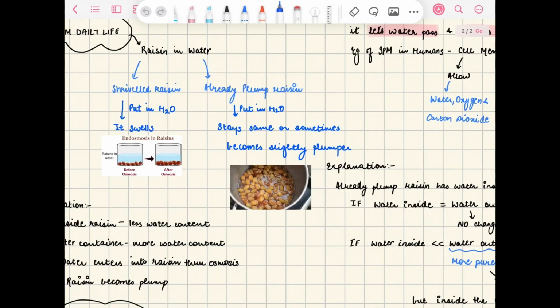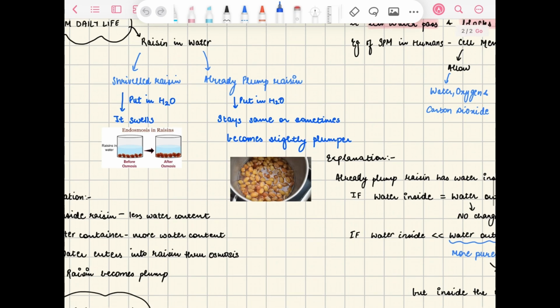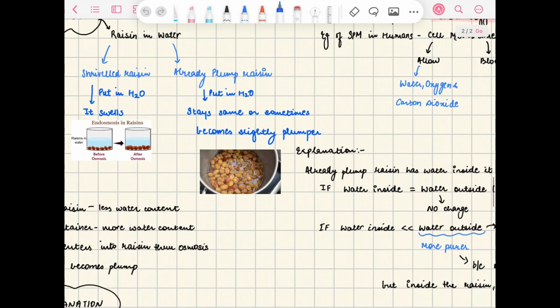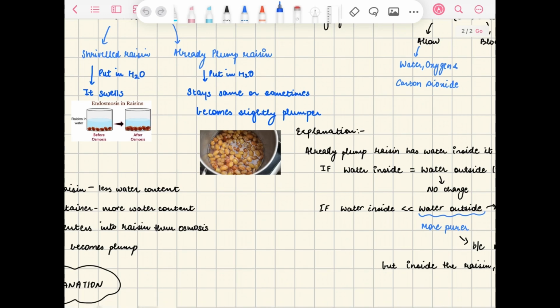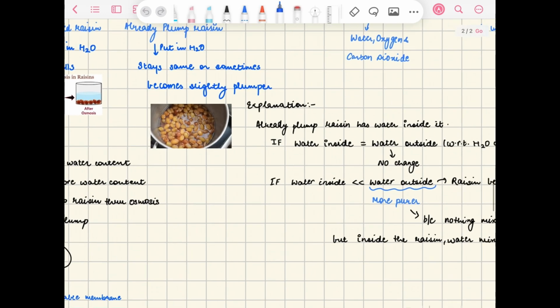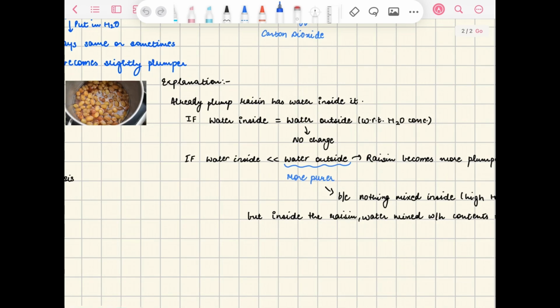But what happens if we have an already plump raisin? We are taking both case scenarios, right? If we put an already plump raisin in water, it stays the same or sometimes becomes slightly plumper. I'll explain it also. Here also there are two scenarios. We know an already plump raisin has water inside it.